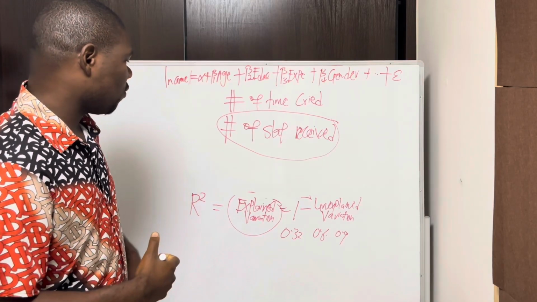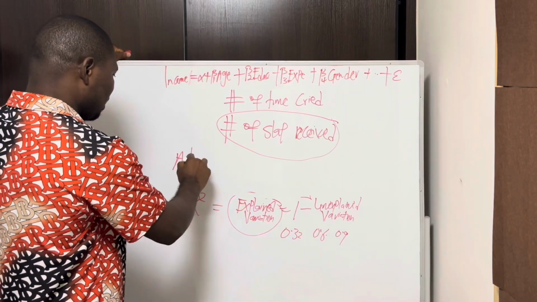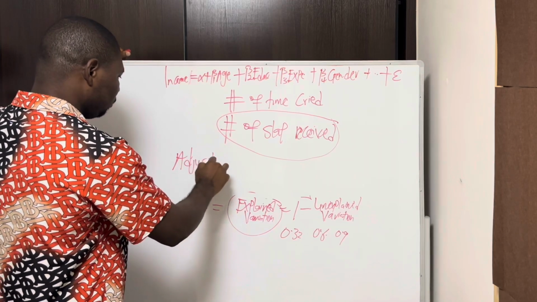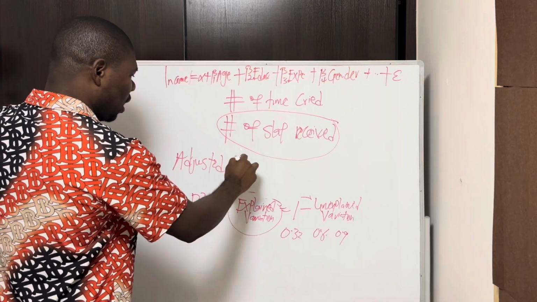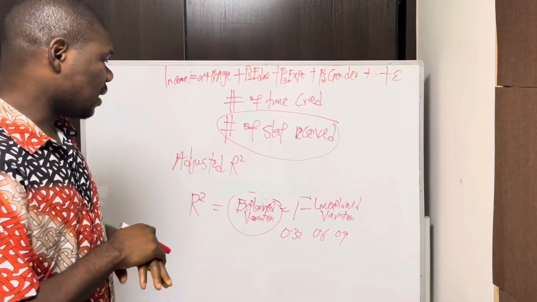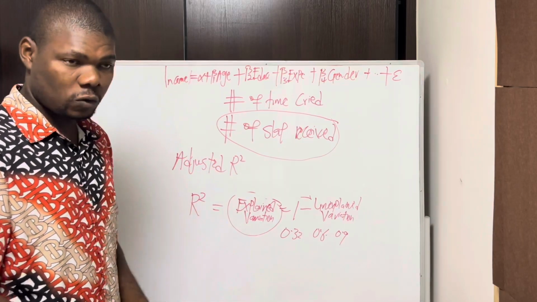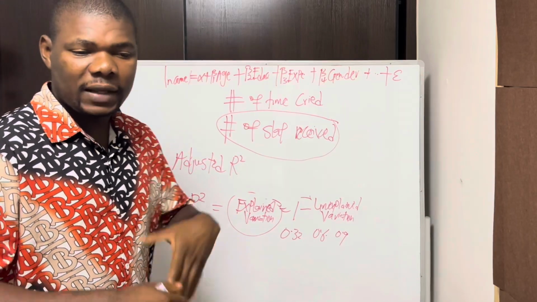So that's why there is an alternative measure called the adjusted R square. The adjusted R square is derived from the R square. But what does the adjusted mean?